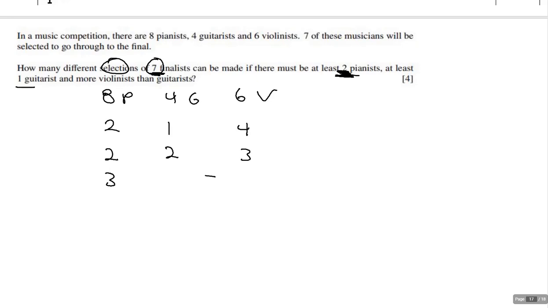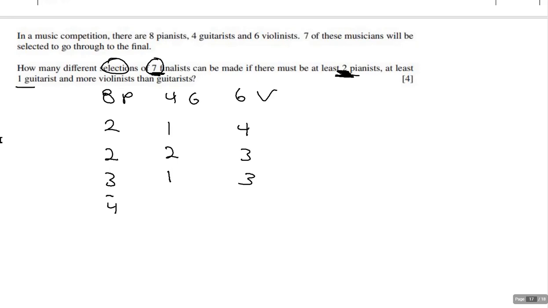So 1 guitarist and 3 violinists, right? Because I have to have more. Yes. Okay. Now stick with the 3. Is there any other way to make that work? No. All right.